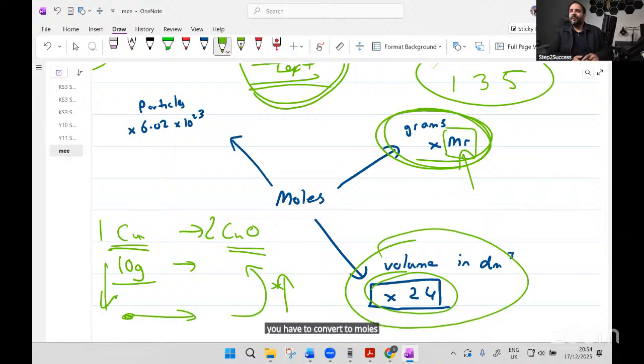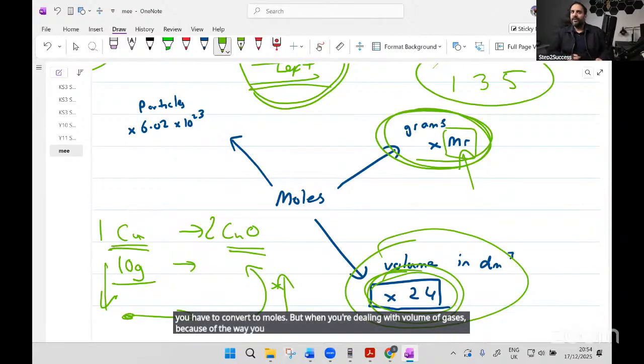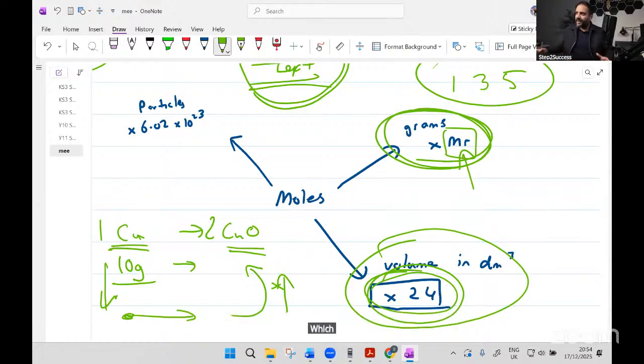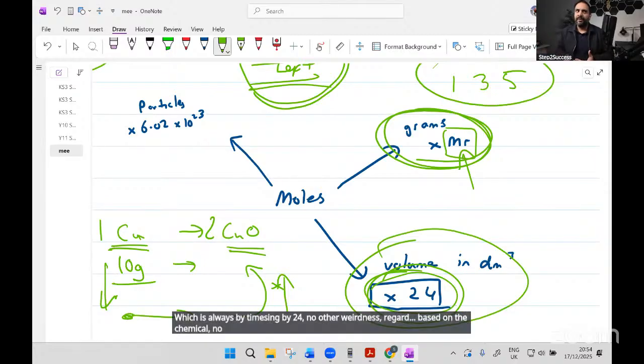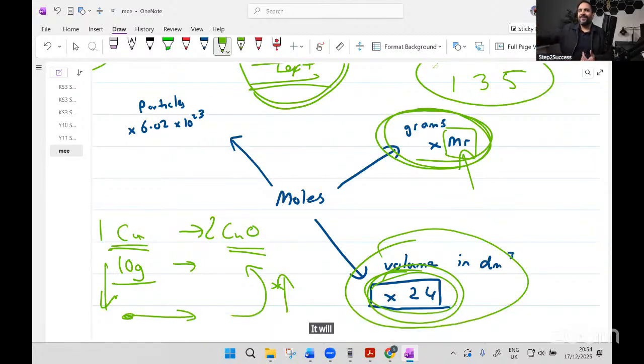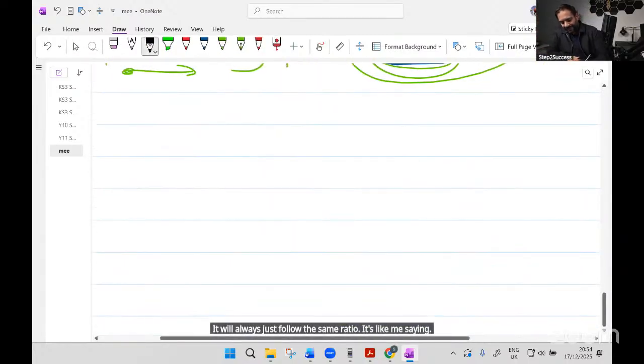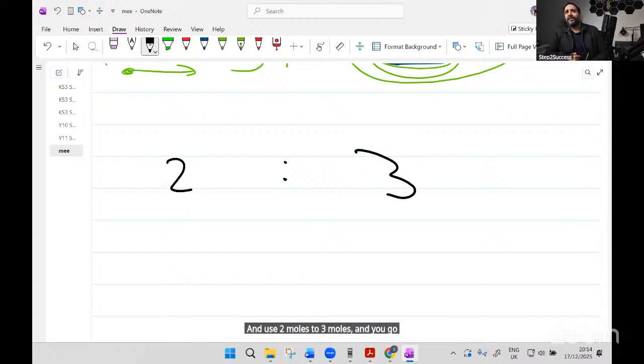But when you're dealing with volume of gases, because you convert to volume by always timesing by 24, there's no other weirdness based on the chemical, no MR that's different for everything. It will always just follow the same ratio. Here's a good example. If I said I've got a 2 to 3 ratio, that's 2 moles to 3 moles, and you go, okay, but let's convert it to a gas by timesing it by 24.